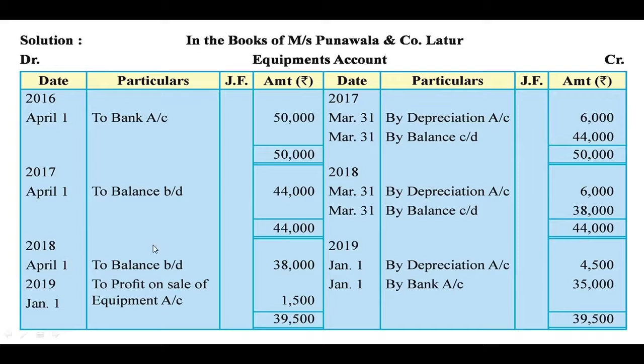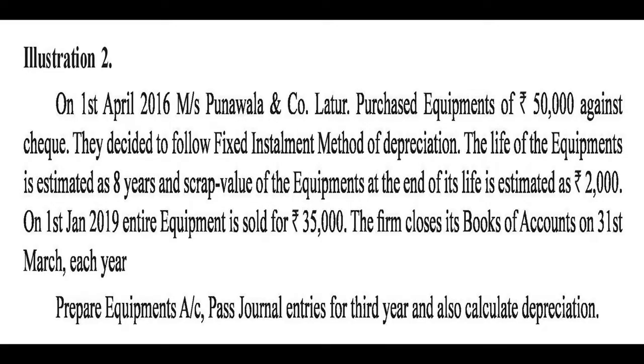Then we have to go through the information which is given in the question. Here it is given that on 1st January 2019, entire equipment is sold for rupees 35,000. You have to check the date. The equipment is sold on 1st January.